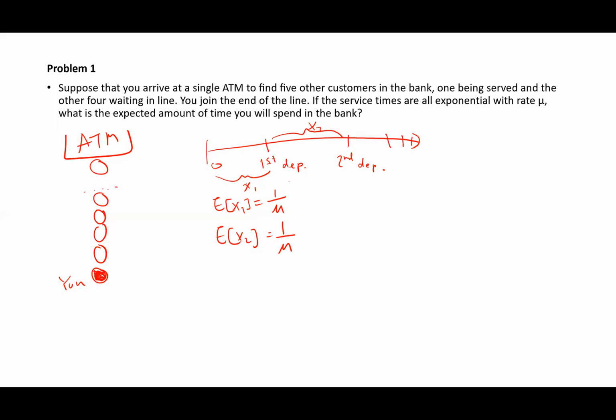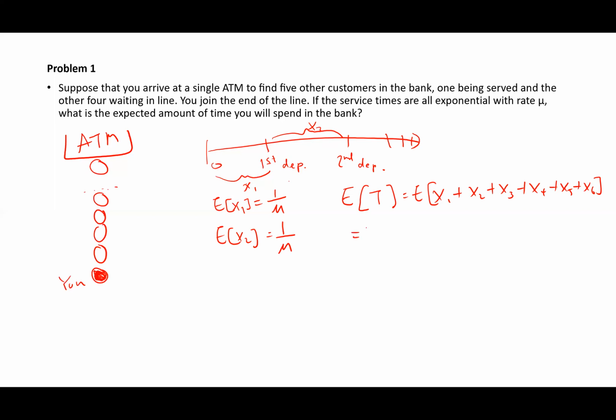I am the 6th person there. So the expected total time for myself, if I call that t, is the expected value of x1 plus x2 plus x3 plus x4 plus x5 plus x6.